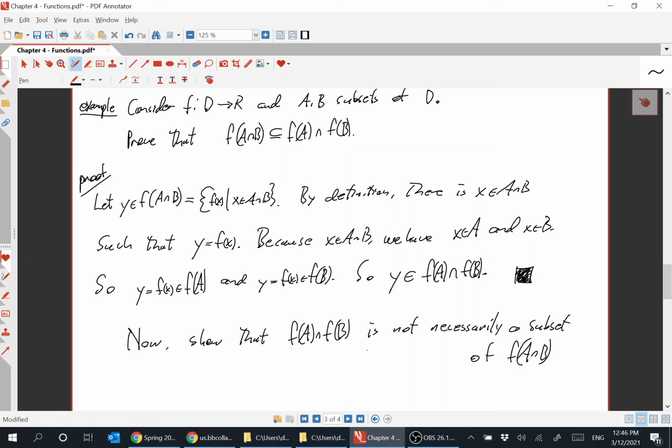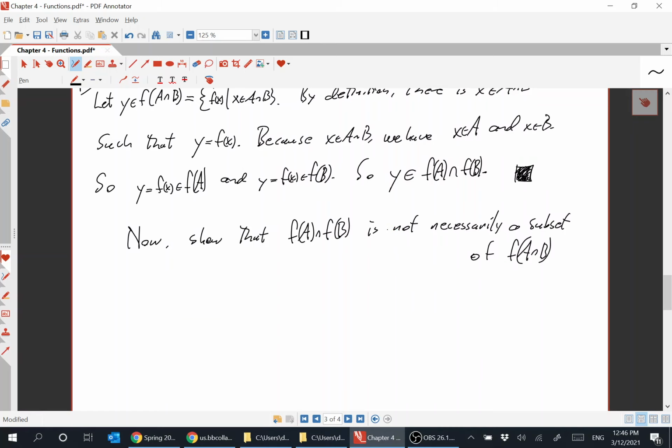So how do we show that something is not necessarily true? We provide a counterexample, the horse of a different color. It's not all horses are not necessarily brown. You show horses are not necessarily brown by showing one non-brown horse. Counterexample. So to do this, we provide a counterexample.